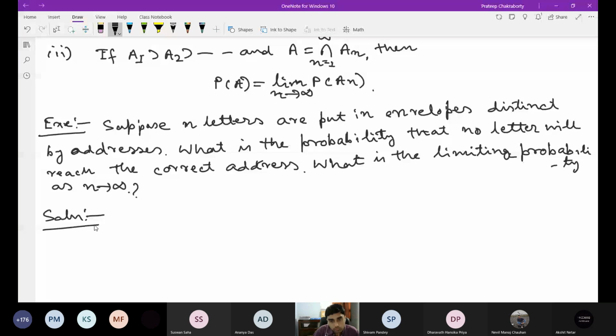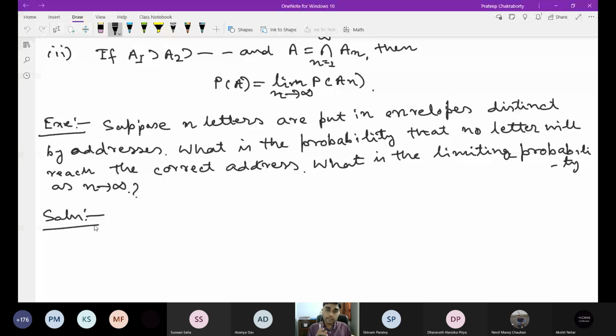No. How can you say n minus 1 by n? First tell me how many ways you can put the letters in envelopes. Sir, n factorial. Very good. So n factorial is the number of total outcomes, right?